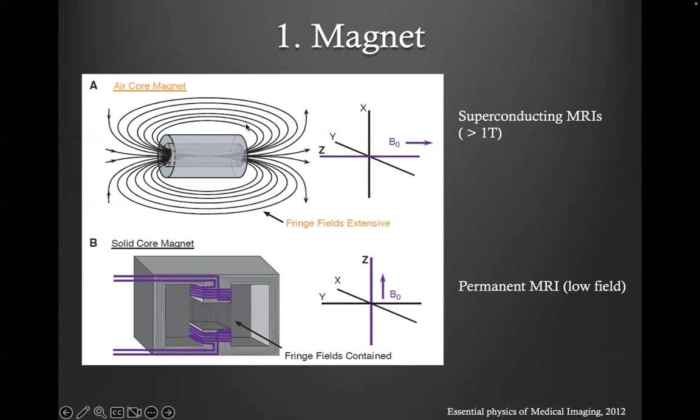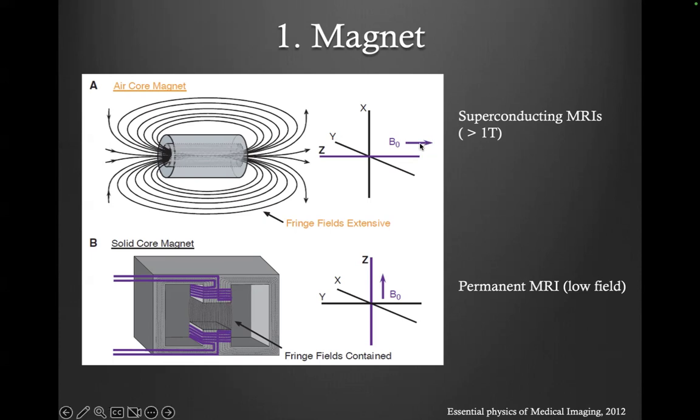So here is a construction of the majority of MRI scanners, including our scanners here as well as at NPRC. It usually is horizontally placed, and your magnetic field, your B0 field, is going to be horizontal.